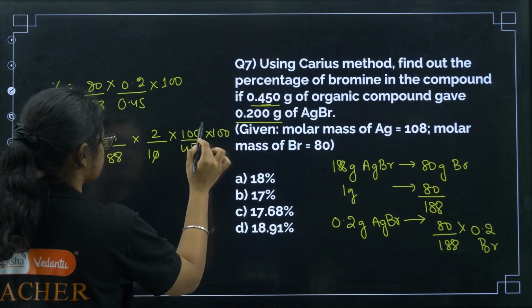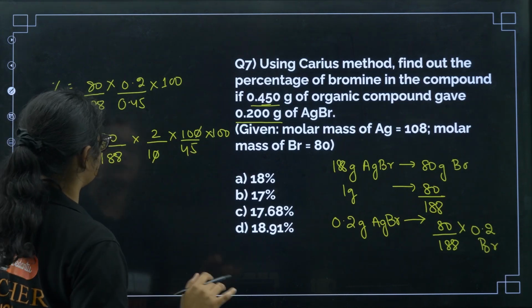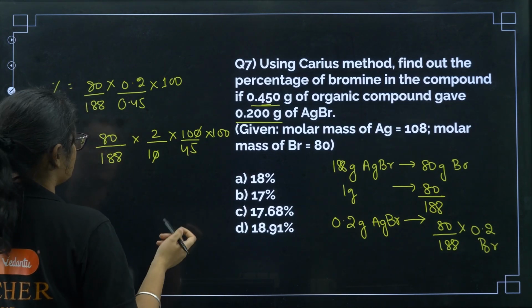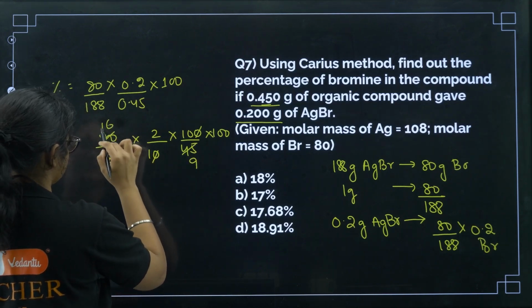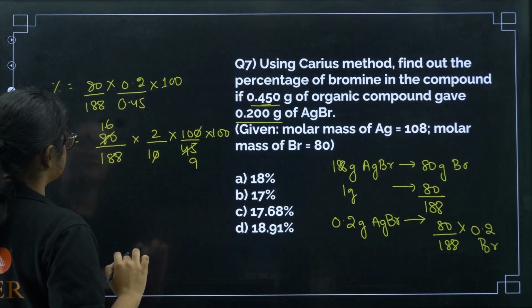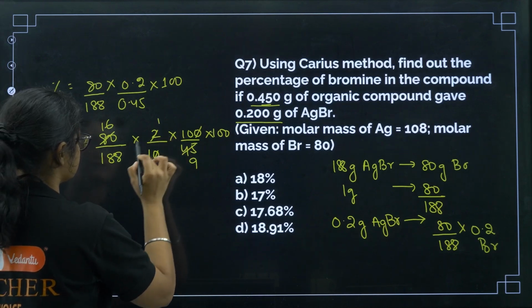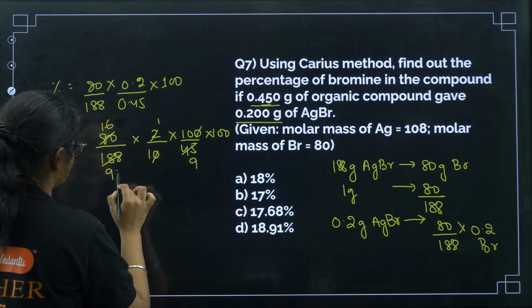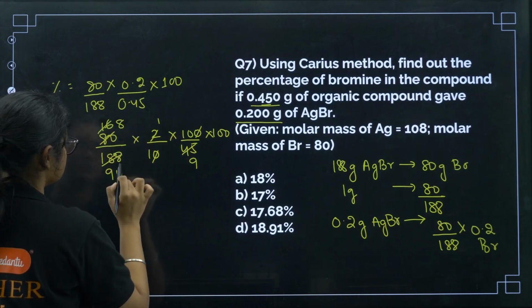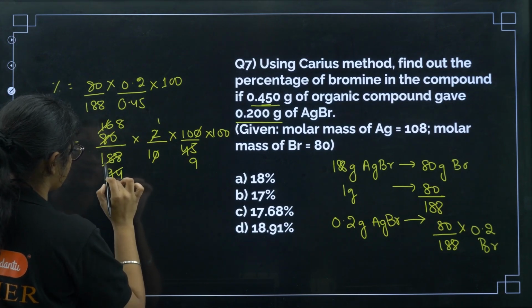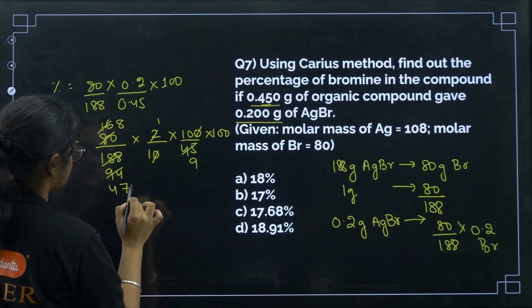So I can cancel this one, anything else? No. Next I can do 5 9s are 45 and 5 16s are 80, right? Then I can do 2 1s are 2, 9 4s are 36. Next we can do 8s are 2, 4s are 8, 247.